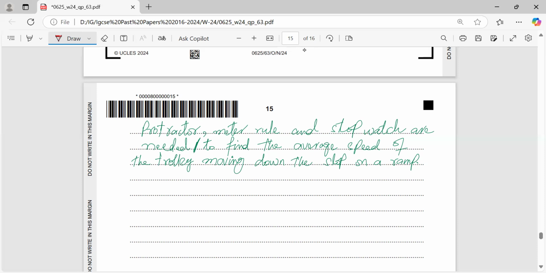Now always start with the independent variable, that is angle. So measure the angle of the slope with the horizontal.